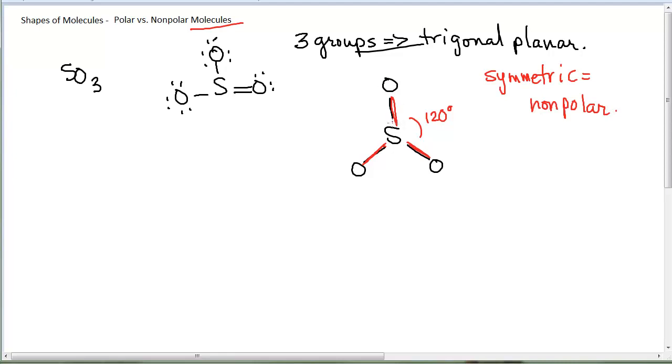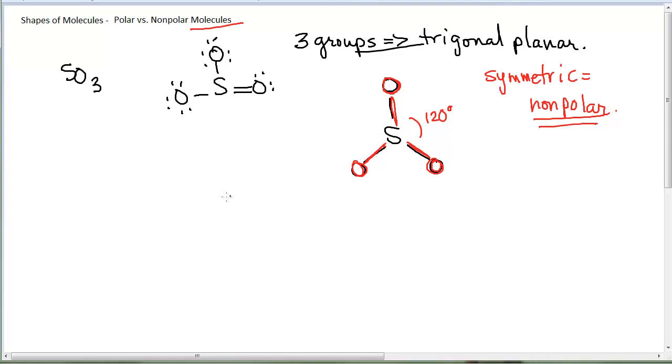I can think of these polarities as vectors. The oxygen ends up being partial negative, but they're all pulling away with the same polarity. They're horses pulling away from the center with the same strength. The molecule doesn't move, therefore it is a non-polar molecule. The trigonal planar arrangement is perfectly symmetric as long as I have exactly the same groups on the outside.